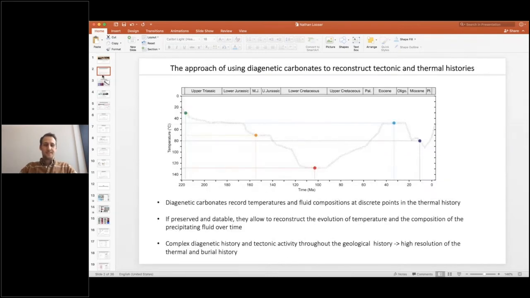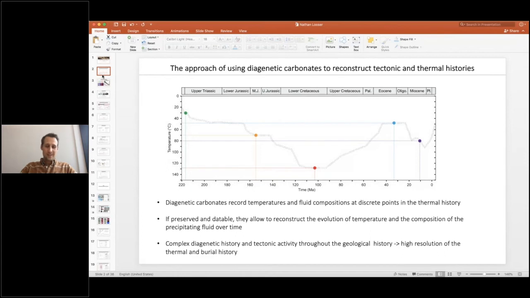So the approach of using diagenetic carbonates. Diagenetic carbonates form in a very wide variety of different diagenetic settings. They form due to different processes, and also they form at different points in time in the lifespan of a sedimentary basin.